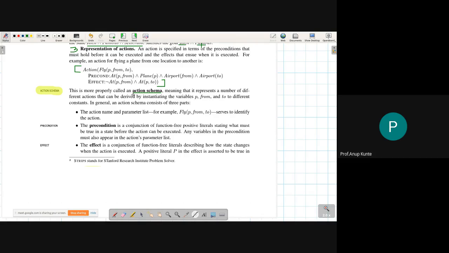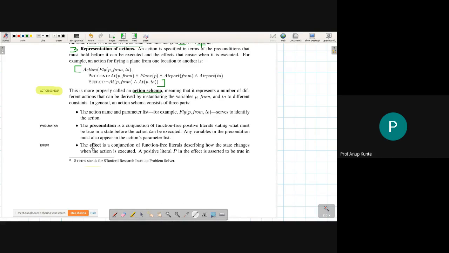And the third thing is the effect of the action, which indicates what are the assertions that I need to remove from the list of assertions that compose the state, and what are the assertions that I need to add to the list of assertions that composes the state of the problem.